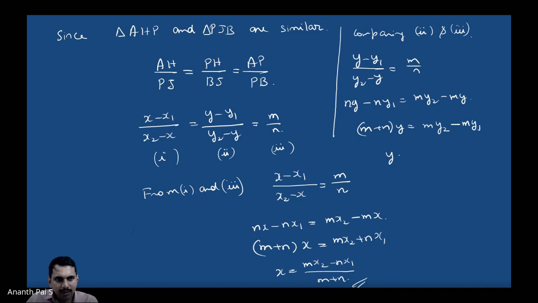So y is equal to my2 plus ny1 divided by m plus n. So hence the proof.